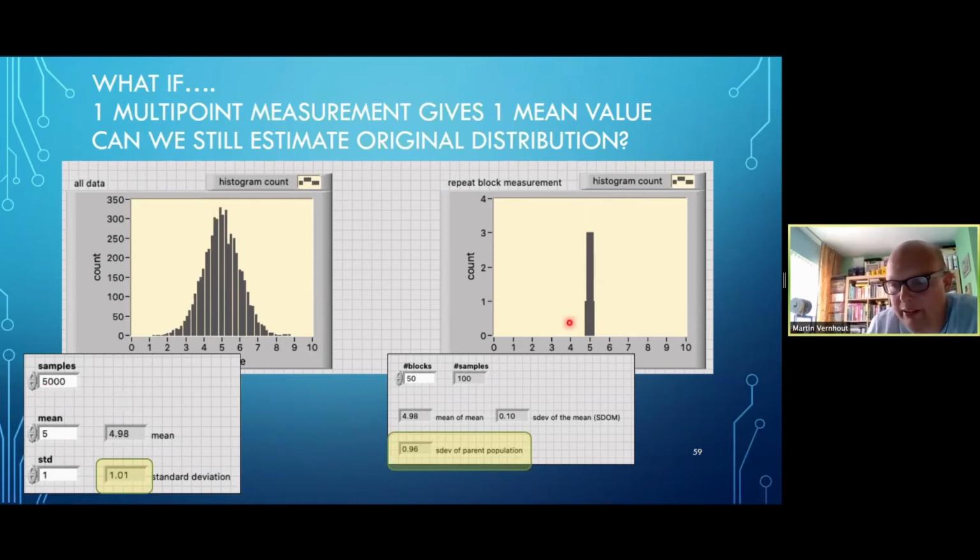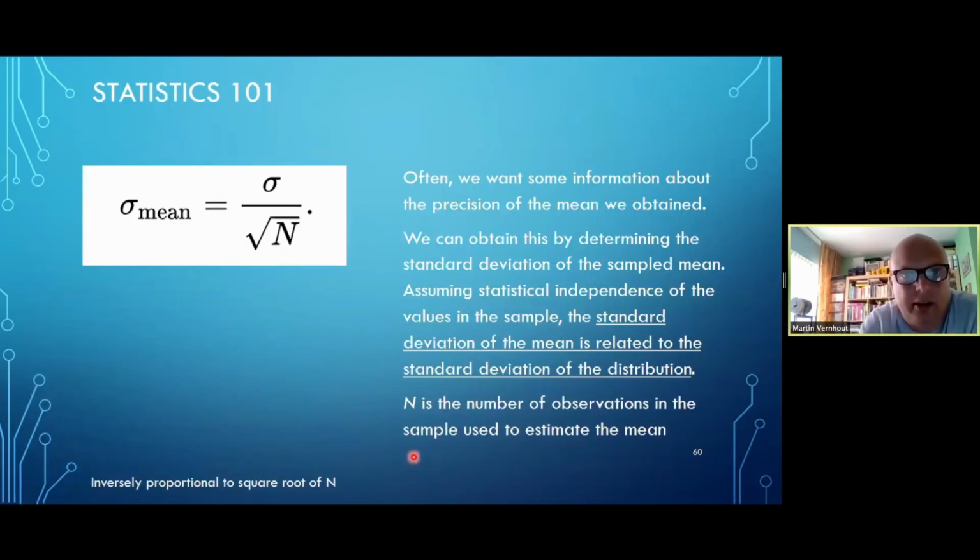It looks like the spread is less, but you can still calculate the standard deviation of the parent population, because your averages will always look distributed smaller, tighter together. So that's the statistics 101.